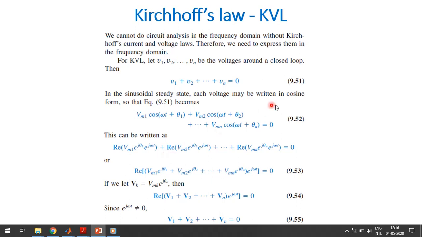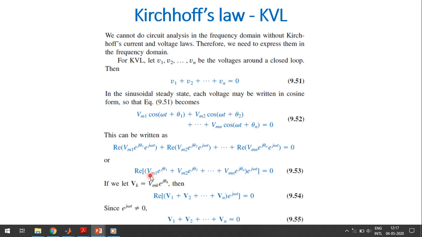Plus, for Vm2 cos(omega t plus theta 2), the real part of Vm2 e power j theta 2 into e power j omega t, etc. So this is also written as the real part of the voltage sum, which is equal to 0. Now in all these terms, e power j omega t is common, so take it outside. So this can be written as the equation given here.